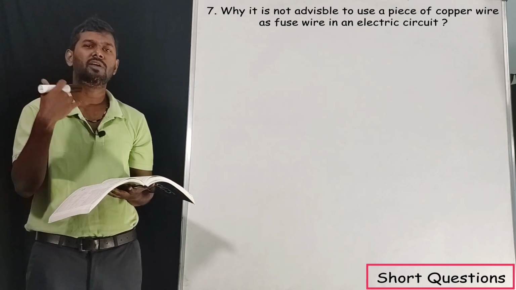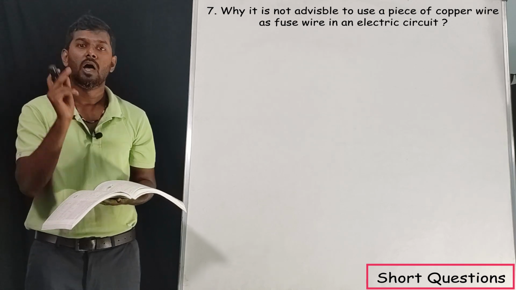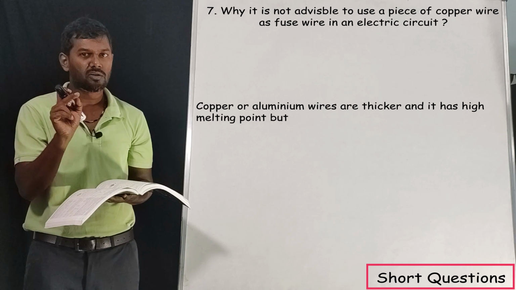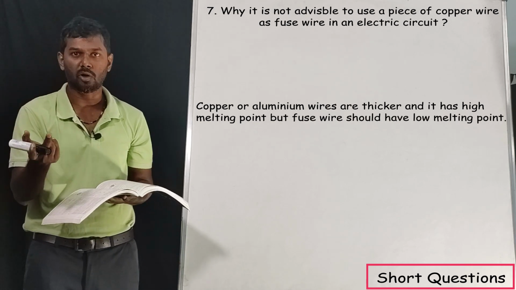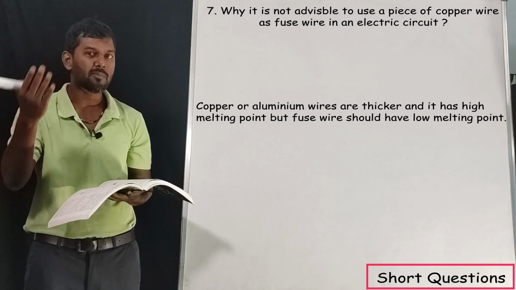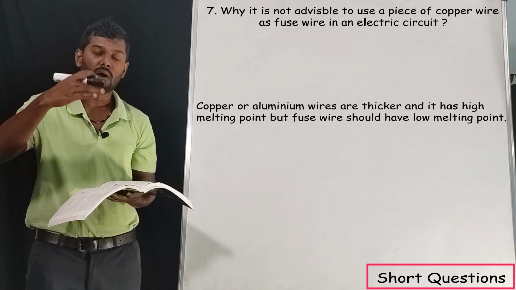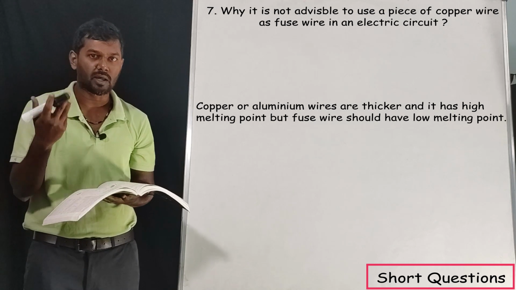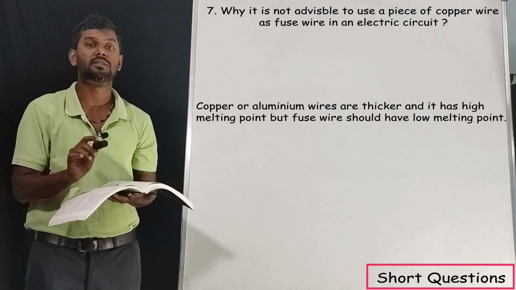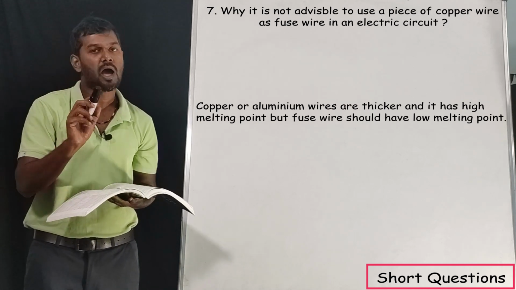Listen, why should we not use copper or aluminum? Because copper and aluminum come in thicker wires. Thicker wires have a high melting point. So if we use a thicker wire which has a high melting point, even though there is a current exceeding the required rated current, the fuse will not melt, and then it will definitely damage the appliances.